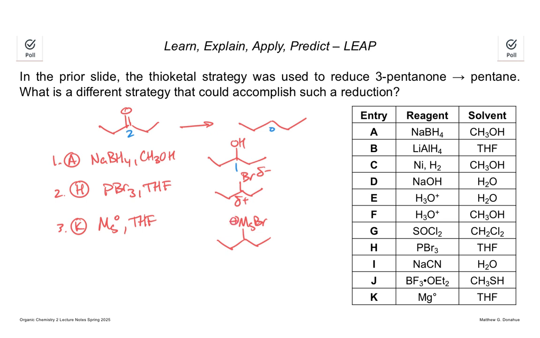So magnesium plus, carbon minus, and at that point we can just quench with acid, which would be conditions E. And then we've fully reduced that carbon.